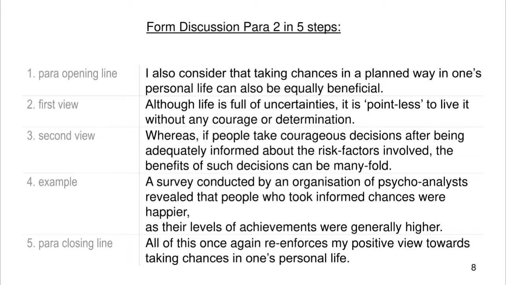A survey conducted by an organization of psychoanalysts revealed that people who took informed chances were happier, as their levels of achievements were generally higher. All of this once again reinforces my positive view towards taking chances in one's personal life.